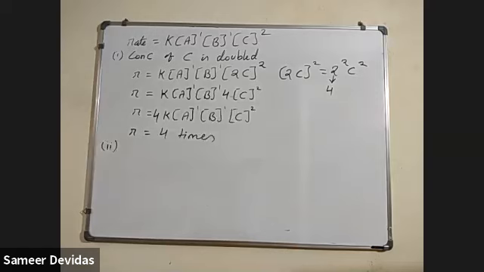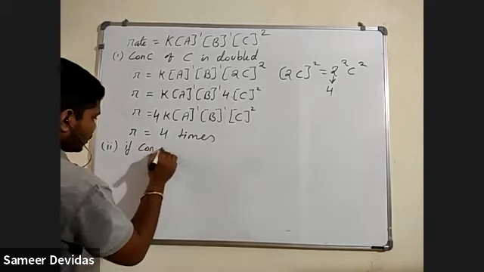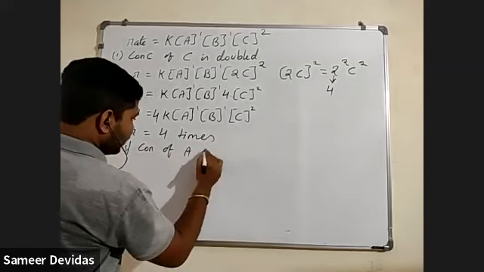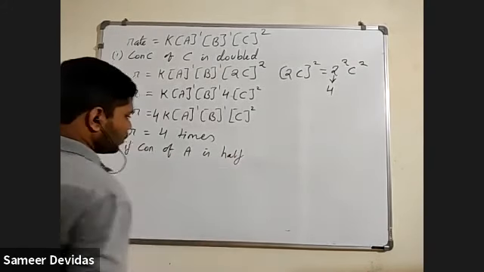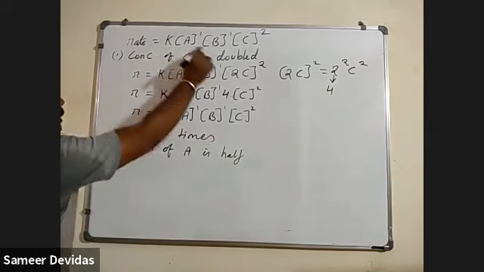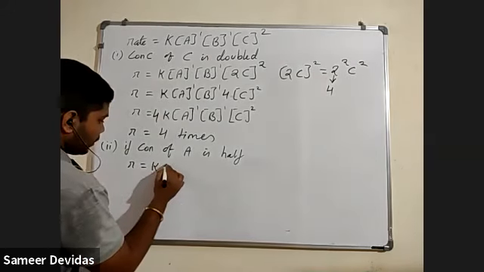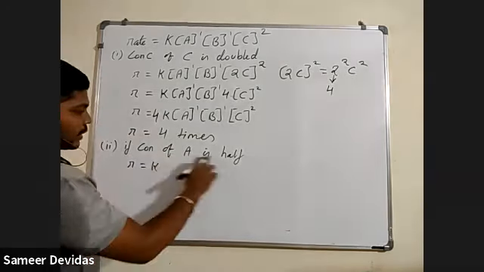If concentration of A is half, okay, we'll do the same thing again. R is equal to K. What have they said, students, in this case?